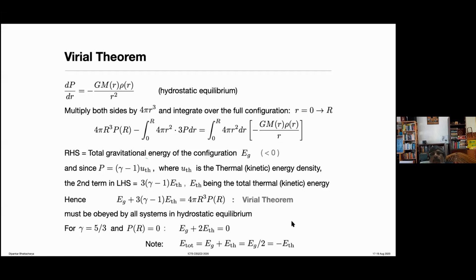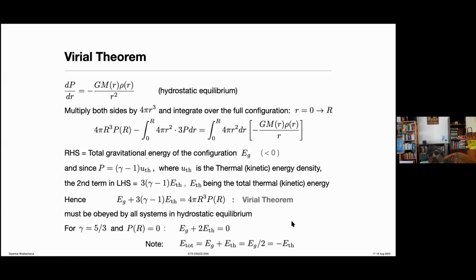If you have a configuration where thermal energy is balancing gravitational energy, you have a steady configuration in hydrostatic equilibrium. If this configuration has to contract because of gravity, then it can only do so by losing half of its gravitational energy gain in radiation.